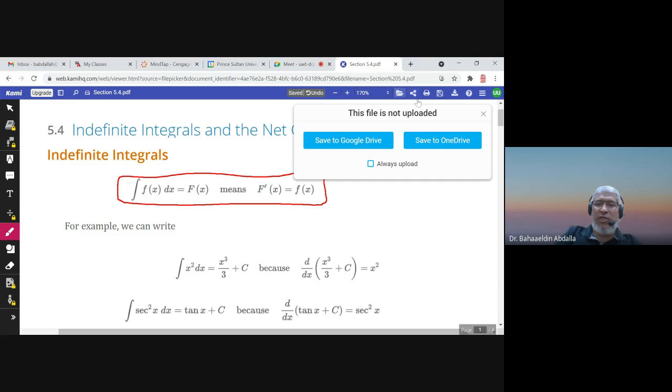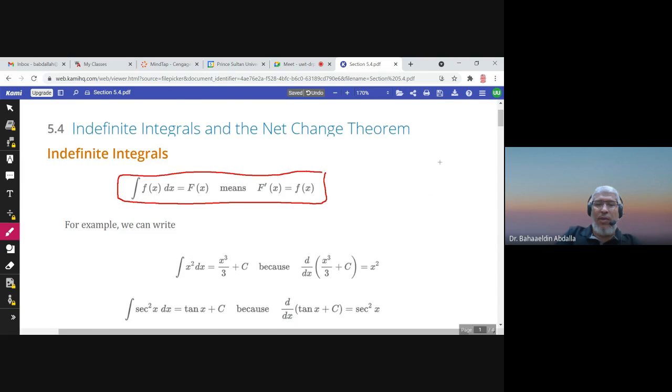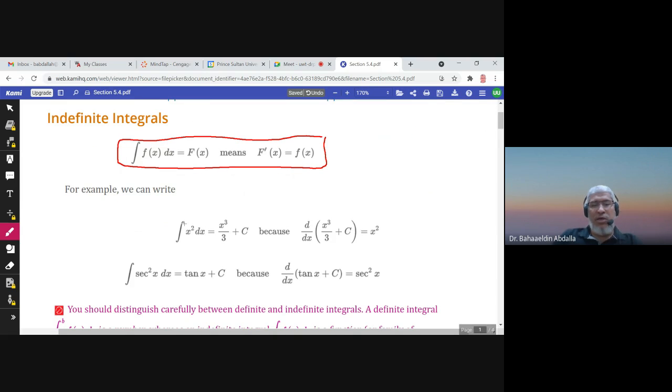So for example, what is the integral of x squared dx? It is x cubed over 3 plus c. Why? Because if we find the derivative of this function, which is x cubed over 3 plus c, we will get x squared.